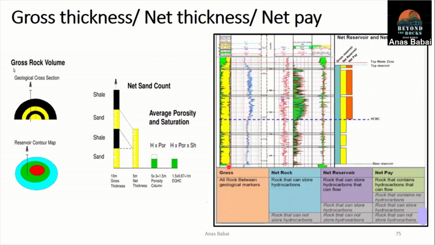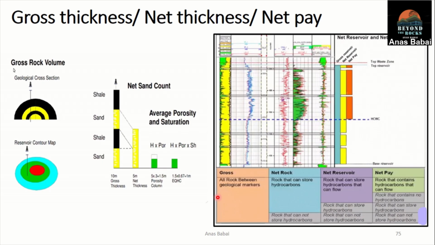So when we are talking about the gross thickness, in this part we are considering the whole sand thickness, whether it contains shale or any other lithologies, but we are talking about the sand interval from its start to the end, regardless of the interrupting formation.